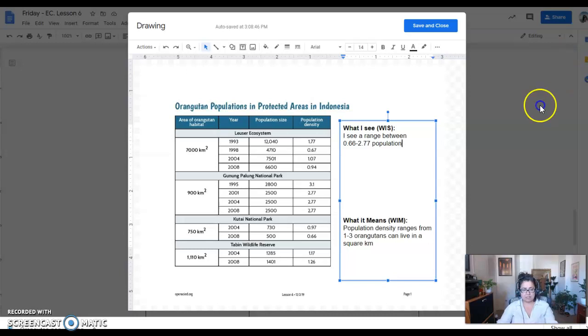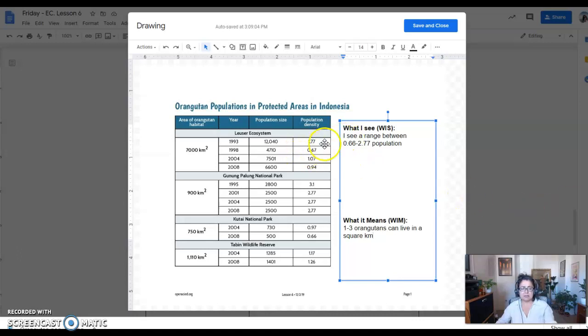I think what it means is population density ranges from 1 to 3 orangutans can live in a square kilometer. Or I can say 1 to 3 orangutans can live in a square kilometer. Okay, that's what it means. That's it.